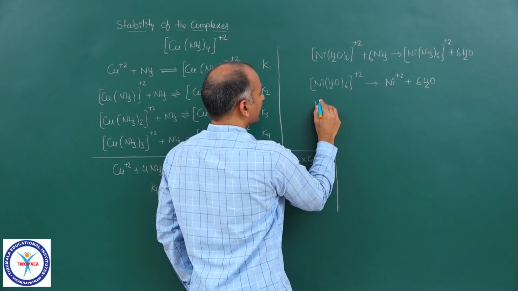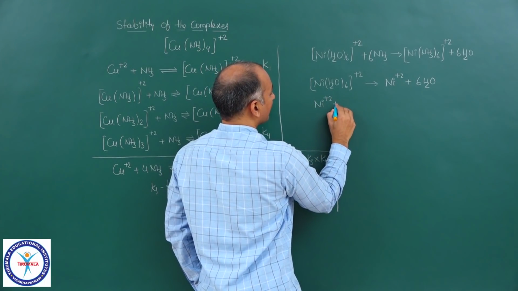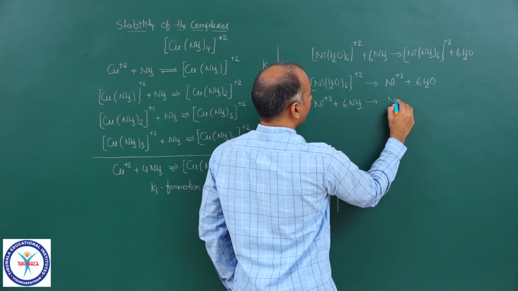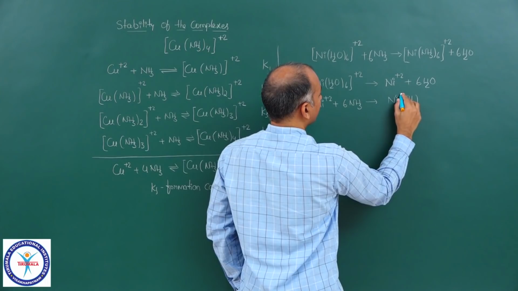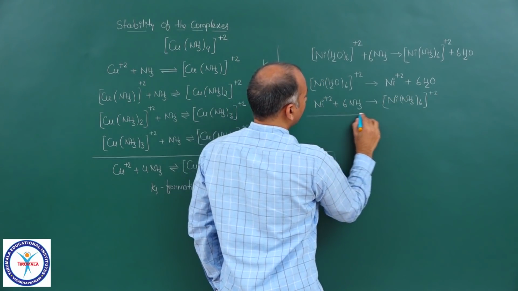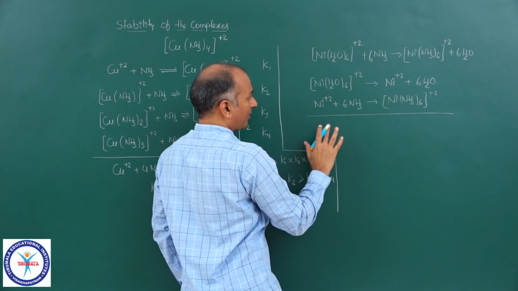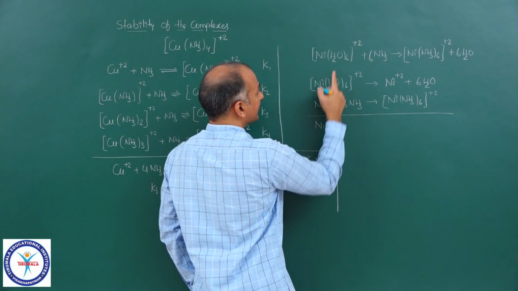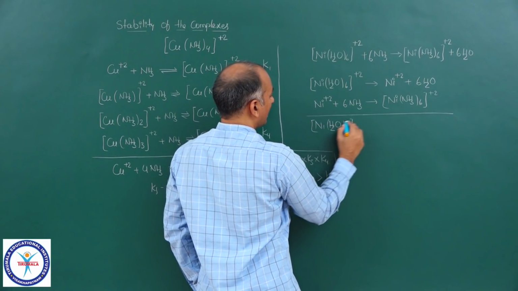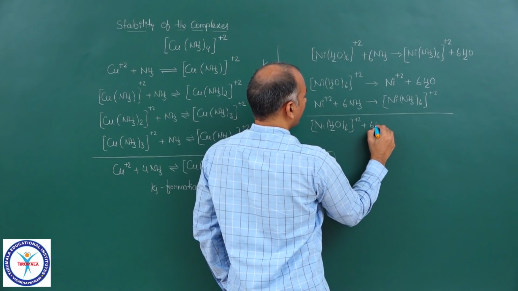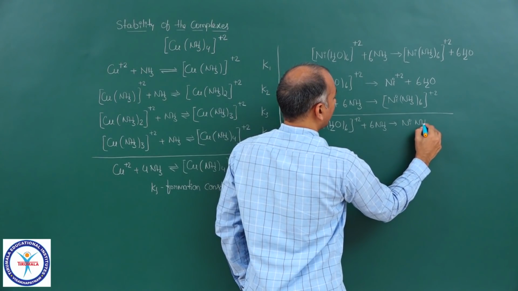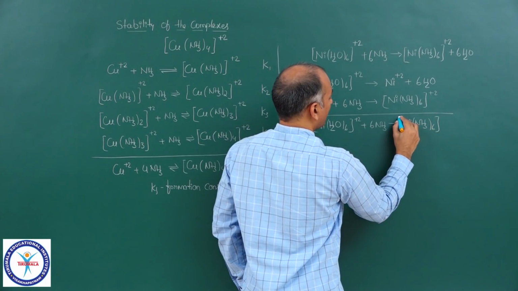Now that Ni plus 2 combines with 6 ammonia to give Ni NH3 taken 6 times plus 2. And if you add these two reactions, then you will get the same net reaction. Ni H2O taken 6 times plus 2 plus 6 ammonia gives Ni NH3 taken 6 times plus 2 plus 6 water.